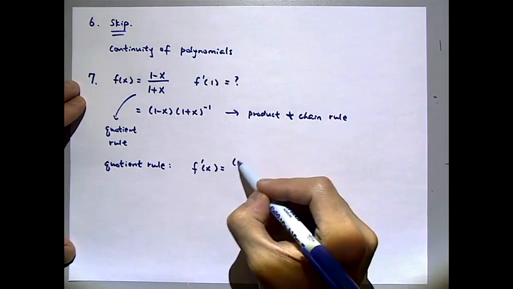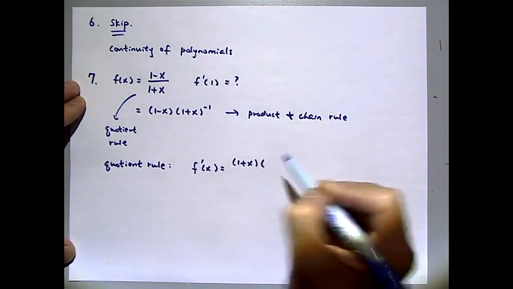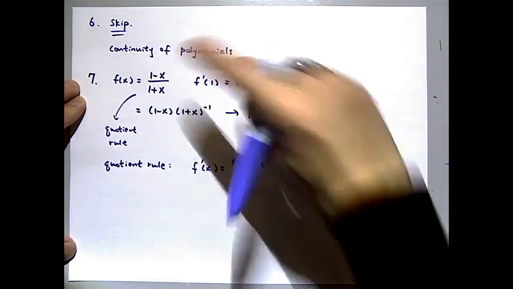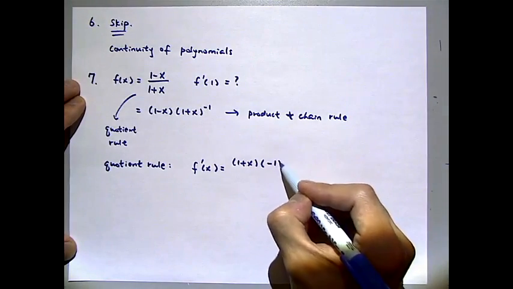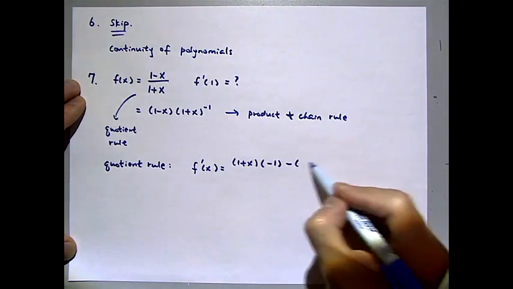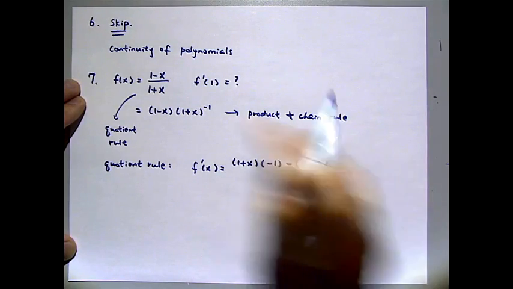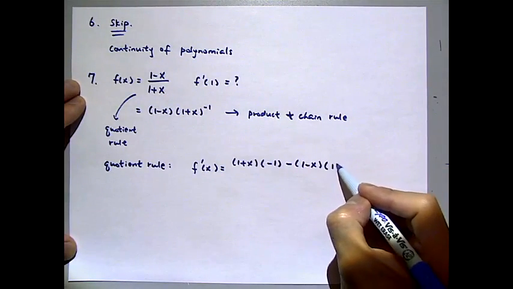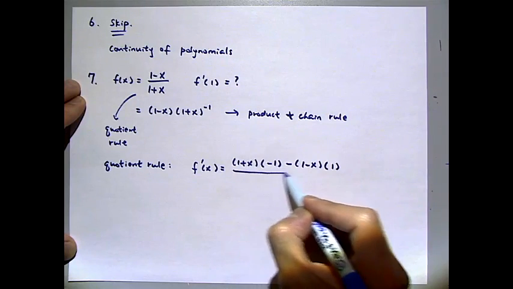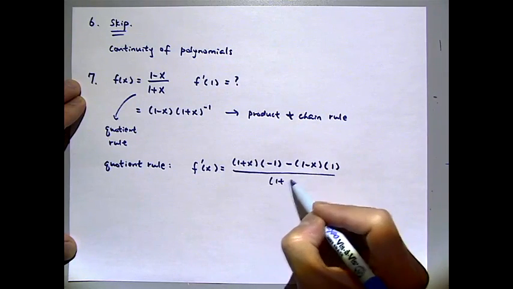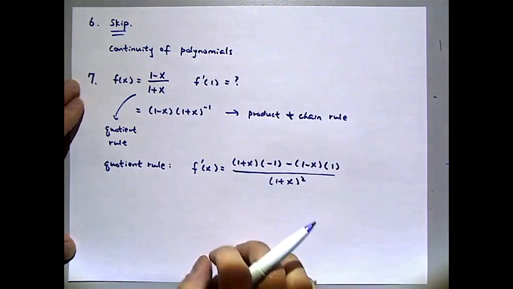Quotient rule, we take low, d high, derivative of the top, minus 1. Minus high, d low, derivative of downstairs is 1. All over downstairs squared.